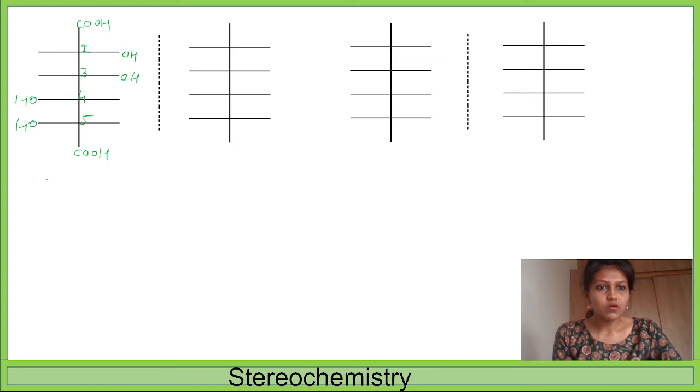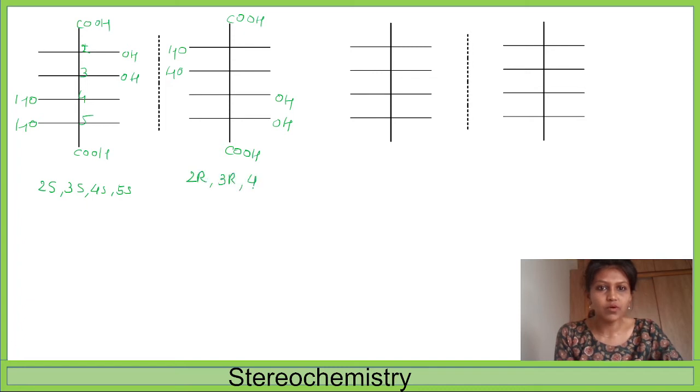If I find it, then 2S, 3S, 4S and 5S, this molecule has this configuration. Now the mirror image of this one, so COOH, COOH. So here we can write OH, OH, OH and OH. So this second molecule is the mirror image of the first one, so its configuration is exact opposite of the first one. So 2S becomes 2R, 3S becomes 3R, 4S becomes 4R and 5S becomes 5R, right?